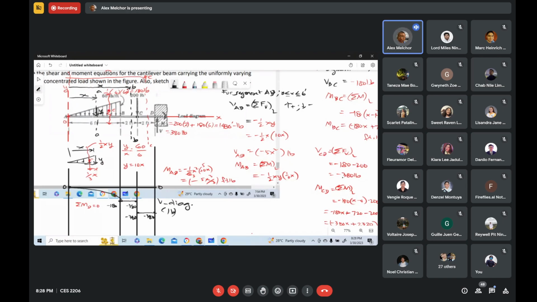So this is now the shear equation. And then you draw vertical lines. These are the intensities of shear.